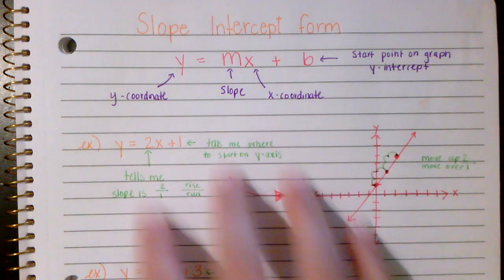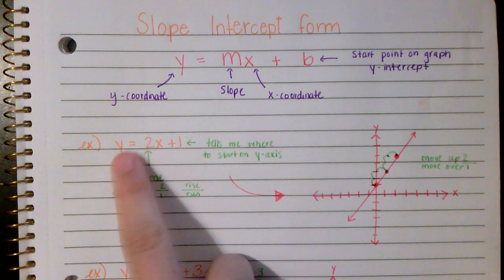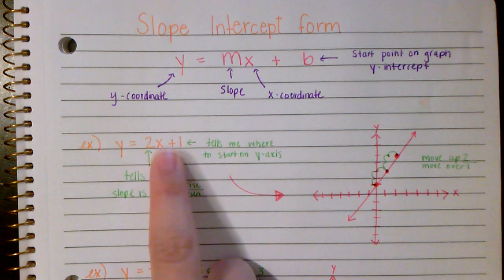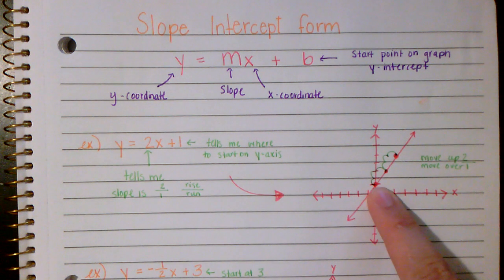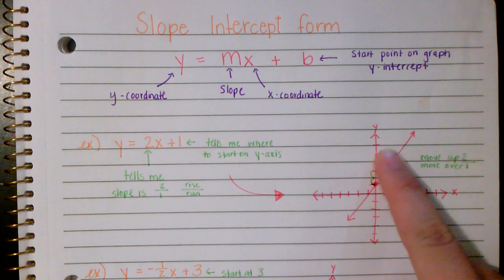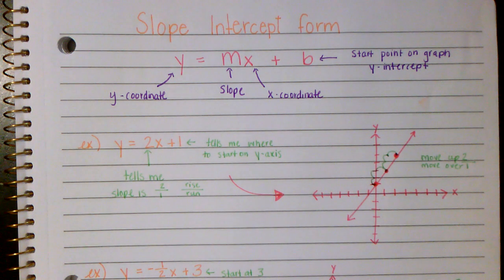And it all works together to tell you everything that it's telling you. So I can look at this and say, oh, this line should start at 1 and have a slope of 2. This line starts at 1 and has a slope of 2. This is this graph. They line up.